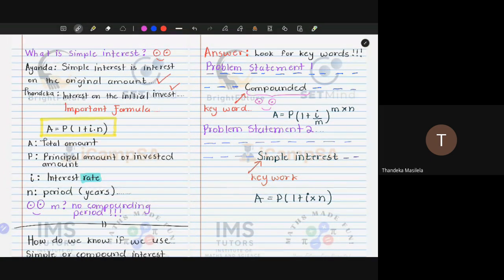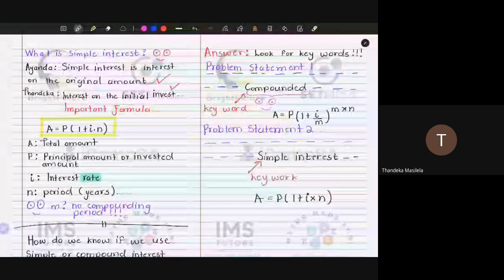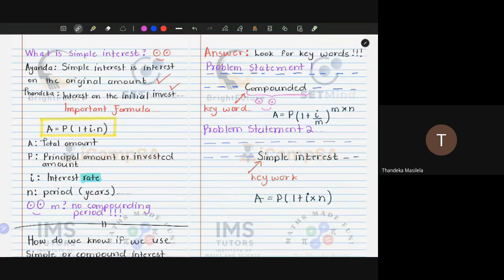If I pull out a problem now, you should be able to say, sir, we should use the simple interest formula there, because when I read this problem, I don't see compound. I see they say simple interest there. Do you guys understand that?